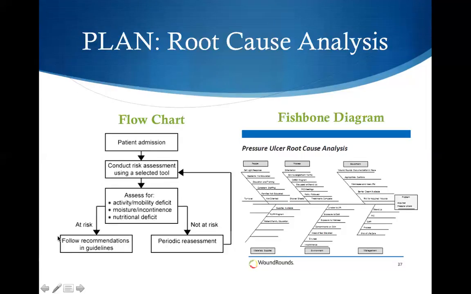And if they're at risk, we follow the recommendations, prevention methods, and if they're not at risk, then we just reassess and monitor. This flowchart was adopted from one of the websites that I found that I felt was really good for this project.